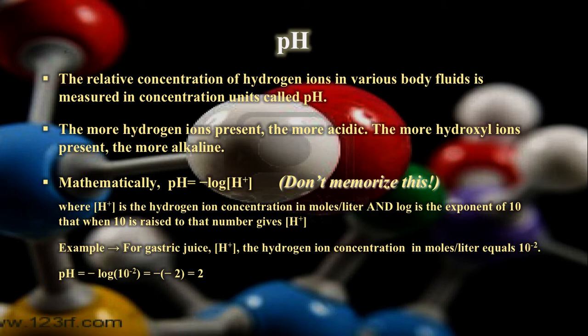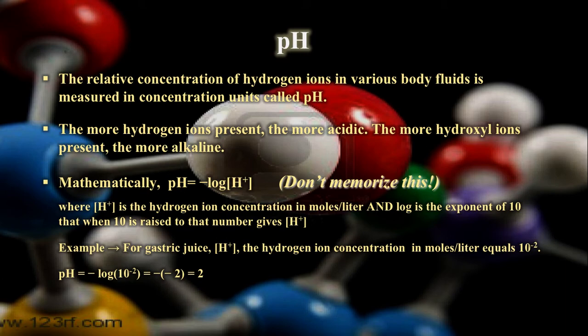We have high hydrogen ion concentration in an acid, but you have low pH. Then on a base, we have low hydrogen ion concentration, but high pH. Okay? So stick that in your brain. We're going to use that a lot this semester. High hydrogen ion concentration, low pH. Low hydrogen ion concentration, high pH.